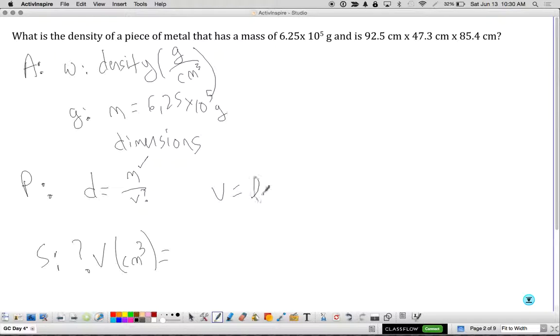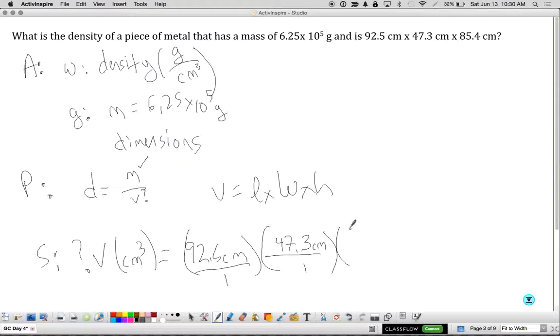I can put that in here, even length times width times height. And I'm given all these dimensions. So I can do 92.5 centimeters, really over 1, times 47.3 centimeters over 1, times 85.4.